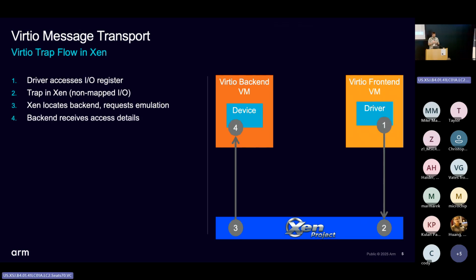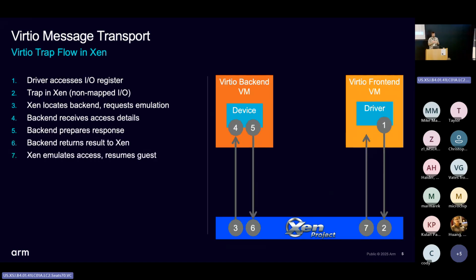The backend VM will receive the access details, prepare an answer, and give the answer back to Xen. With that information, Xen can emulate the IO access back to the VM, and the VM receives the value for the IO access it did.